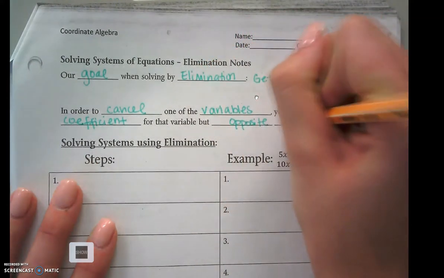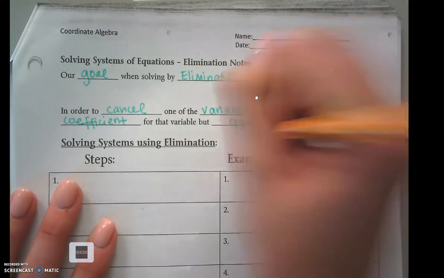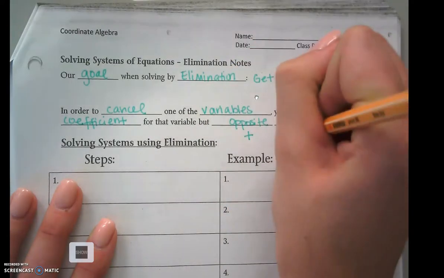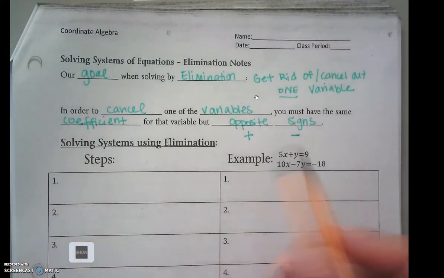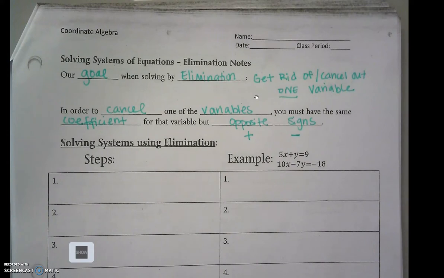Why do you think we need opposite signs? Well, to cancel something, we need it to equal 0. So think of 4 minus 4. That's 0. A positive and a negative. 4 minus 4, it's 0. We've got something to cancel out.